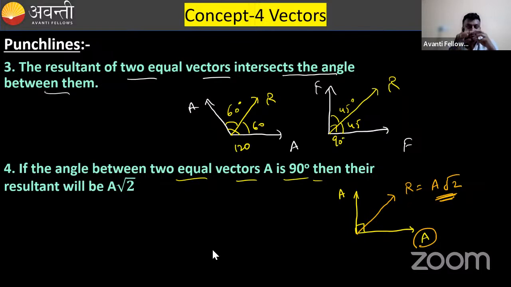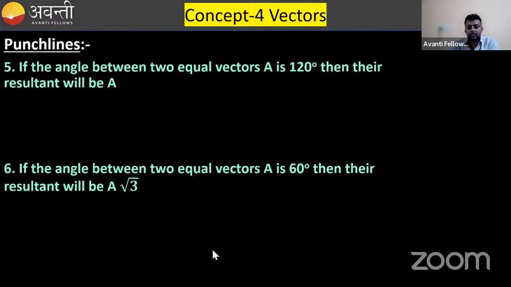Hope you can learn these things. Two vectors perpendicular to each other: the resultant will be the original vector multiplied by root 2. Similarly, if two equal vectors A and A make an angle of 120 degrees with each other, then their resultant will be the original vector itself.